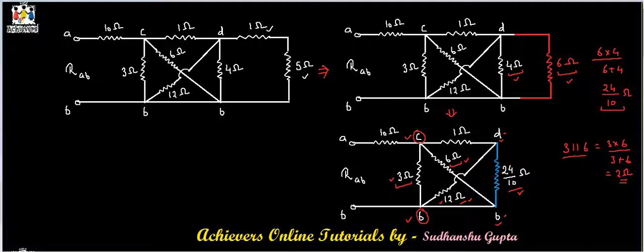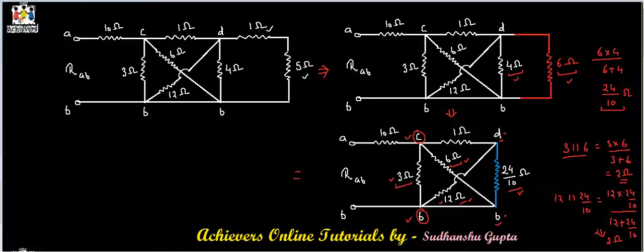Similarly, parallel combination of 12 ohm and 24 by 10 ohm resistance will give us an equivalent resistance of 12 into 24 by 10 divided by 12 plus 24 by 10. And if we solve this, we will get again a 2 ohm resistance.